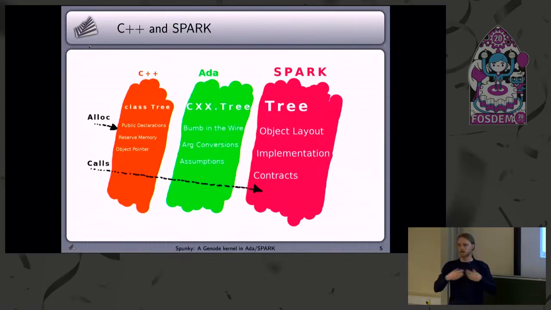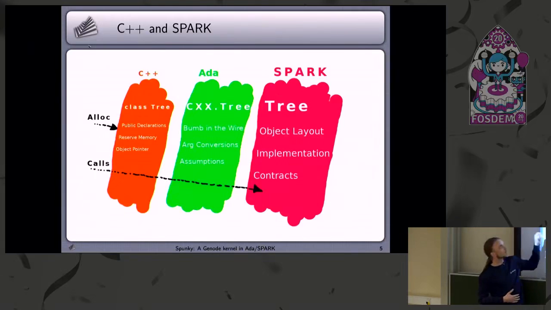And it is bloated to the size of a record in Spark. This record is the object that contains the object layout, so to say. It's like a tag type, if you want so. And then you can leave all the allocation things out of Spark and Ada. You can allocate your C++ class here in the C++ world and call your functions.